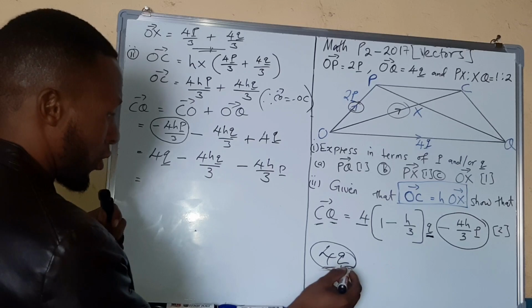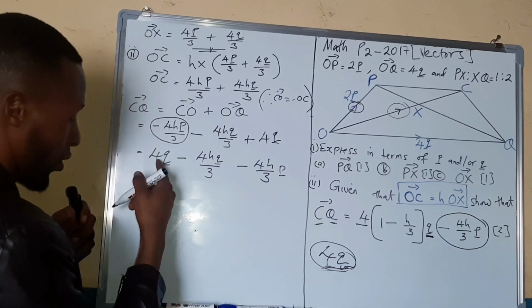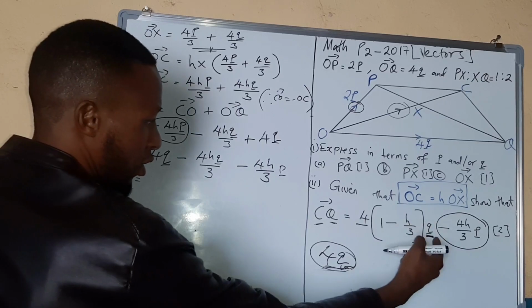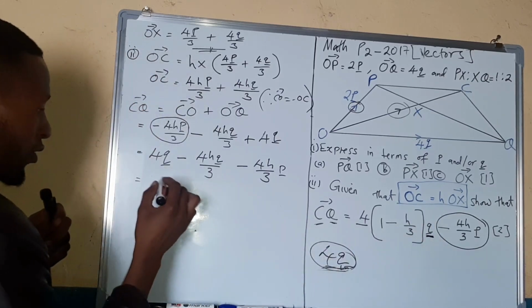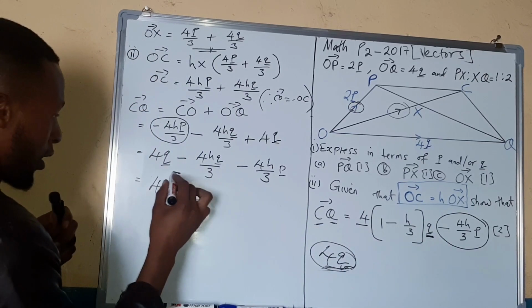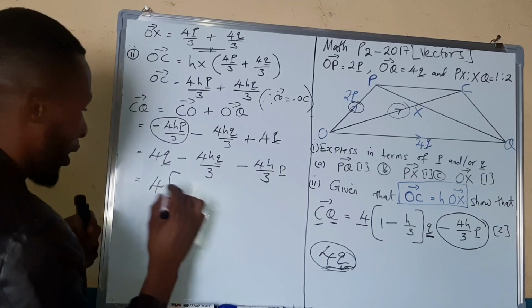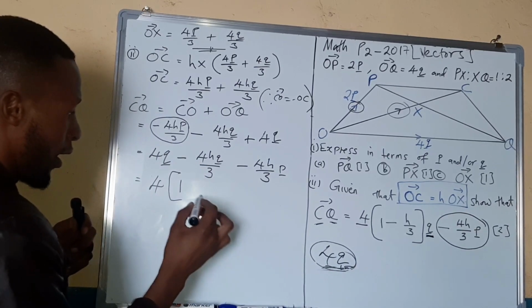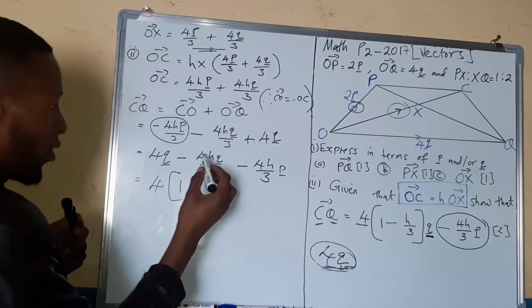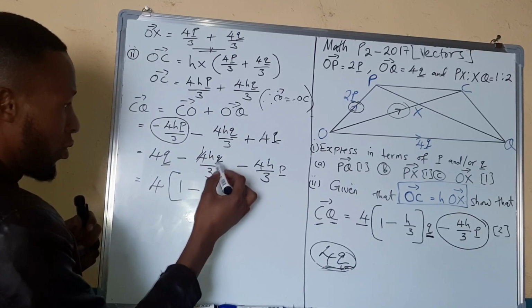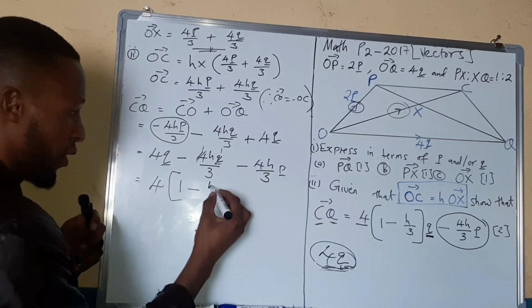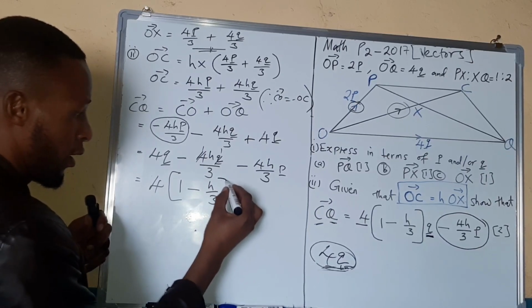So the 4Q dividing into 4Q. Look at the way it has been written: 4 here, Q on the other side of the bracket. So those are common. I'm going to write the 4 here, open the square bracket. 4Q dividing into 4Q, we're going to have 1 here. Then minus 4 into 4, 1, Q into Q, 1. 1 times 1, 1. 1 times H, we have H over 3 here.